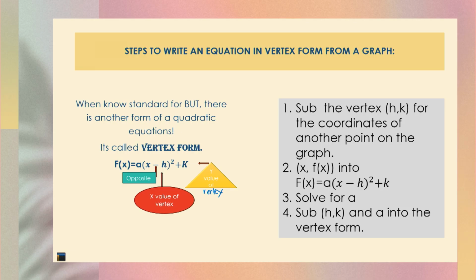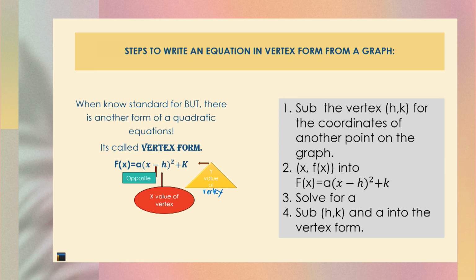So let's look. The first thing we're going to do is sub the vertex H and K for the coordinates, and we're also going to use another point. Number 2, I have X and f of X, which is Y, and I'm going to plug those into that formula that we've already gotten.